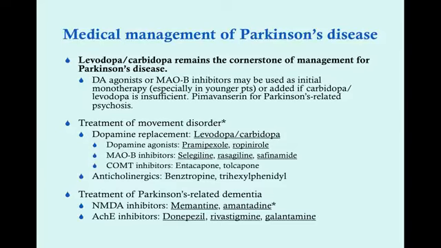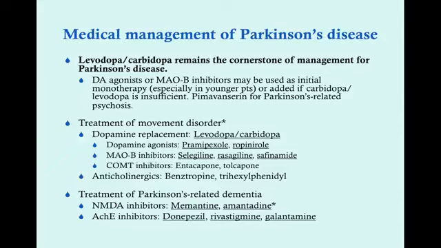The dopamine agonists like pramipexole and ropinirole, and the MAO-B inhibitors, are better as far as not having as many adverse effects of dyskinesia. So particularly in younger patients, where they have a longer lifespan, you may want to go to those instead of levodopa carbidopa as a first medication.